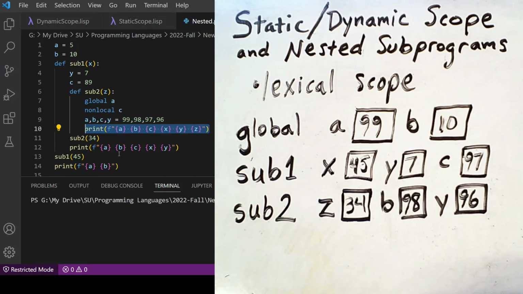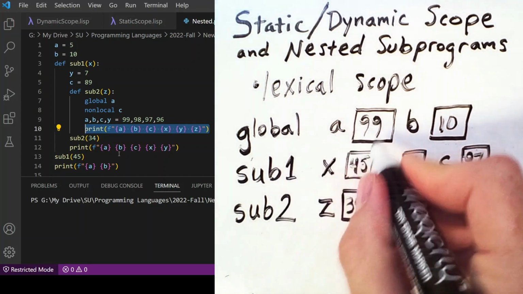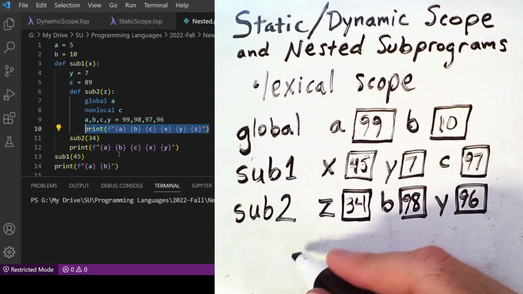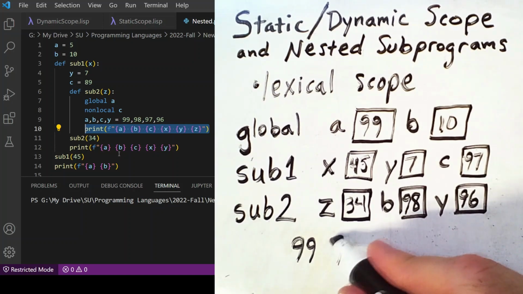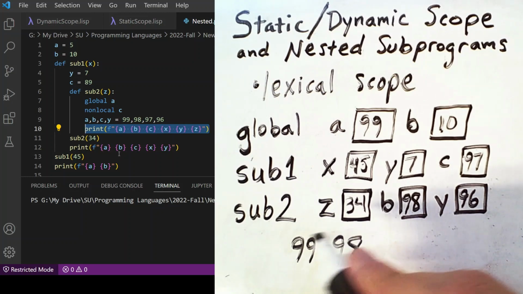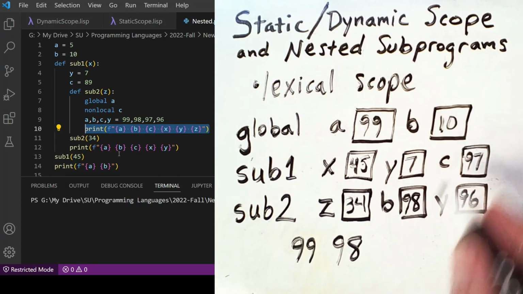When we print A B C X Y Z here, we'll take whichever value is in the deepest scope. So there's only this global value A, so that'll be 99. But B will be 98 because we are currently in sub2, which shadows the global version of B.